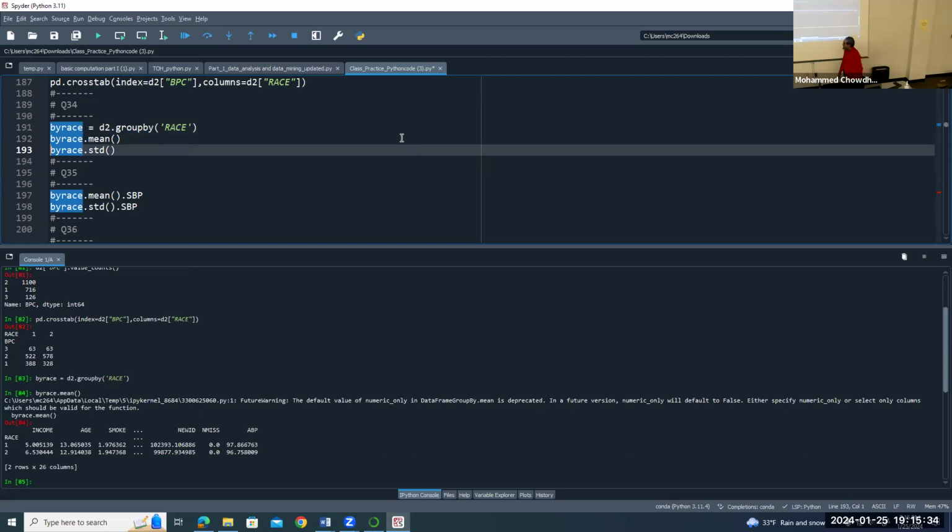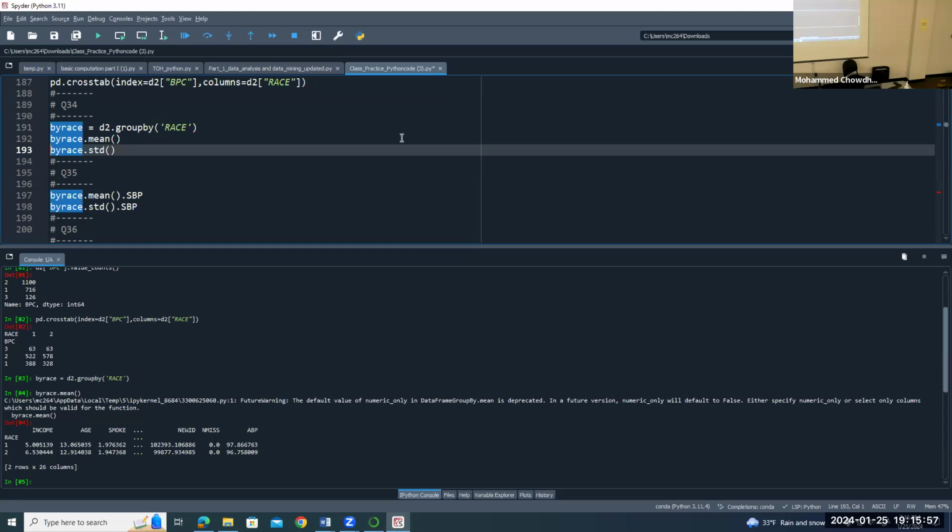Now let me explain this. Are you seeing here race 1 and race 2, right? Race 1 has an average income 5, race 2 has an average income 6.53. Race 1 has an average of 13.06, race 2 has an average of 12.91. Clear?